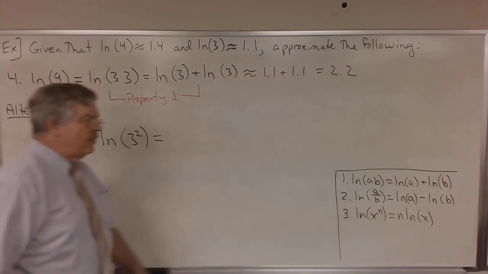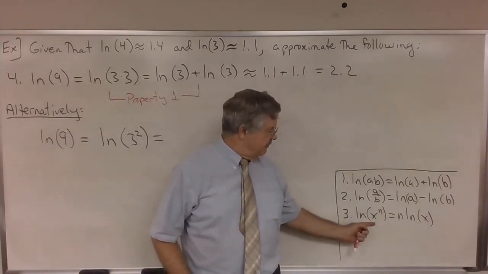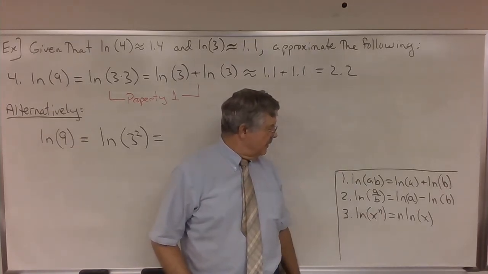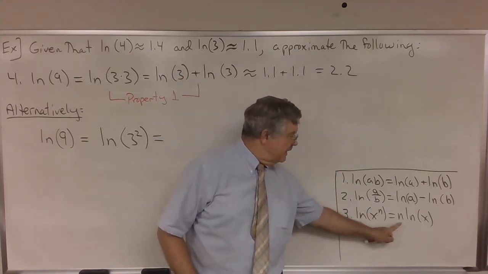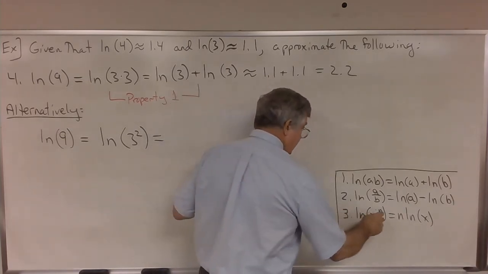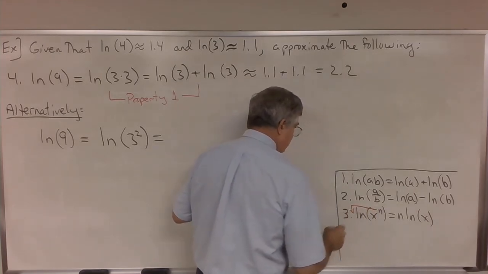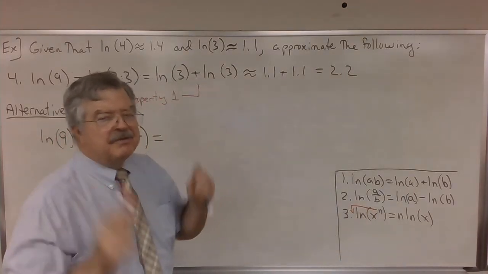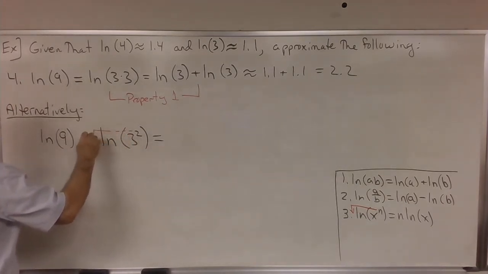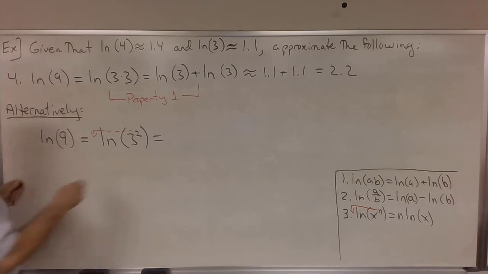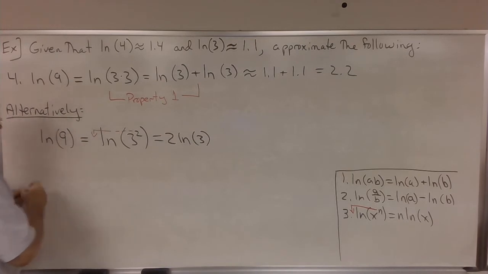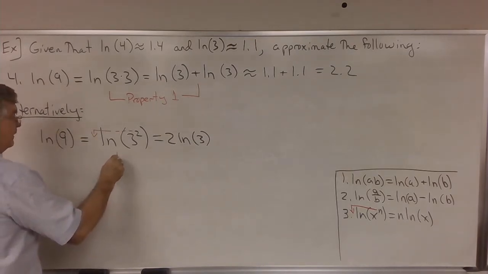And then that will allow us to use property 3, which says if we have the logarithm of something raised to a power, we can bring the exponent out front as a multiplier. And it almost looks like the product rule, but it's not. It has nothing to do with derivatives. It is strictly an algebraic property. So this is going to be 2 times the natural logarithm of 3. And this is by property 3.